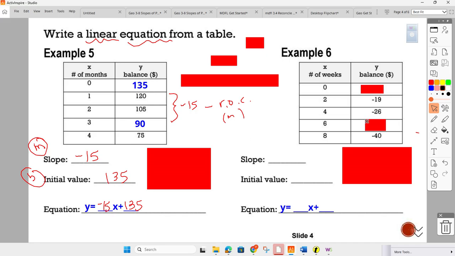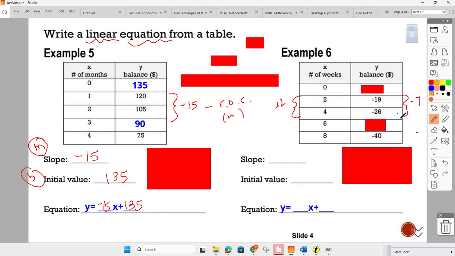So in this example 5, the number of weeks is going up by 2. They only give us data for every 2 weeks, right? So from 2 to 4 is a change in input of what? Plus 2, right? What is the change in the y's for those same 2 weeks? Negative 7, right? Now, our slope, or rate of change, is not negative 7.